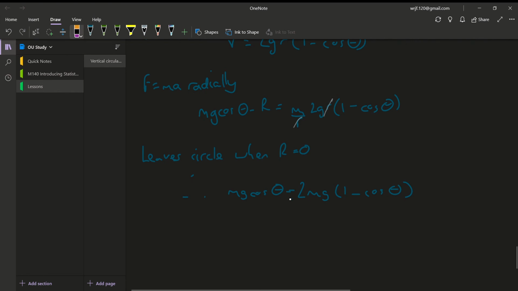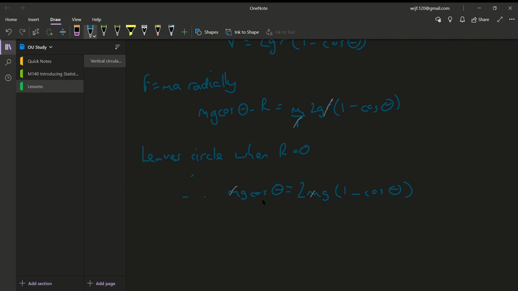Equals is a little bit clearer, actually, because I'll confuse myself thinking it's a minus otherwise. Let's have a look at this. The m's cancel out. So you'll notice that both the radius of the circle and also the mass of the particle cancel out through this equation, and therefore the leaving of the outside of the circle here must be independent of both mass and radius.